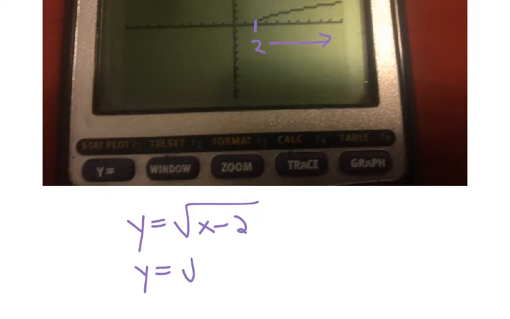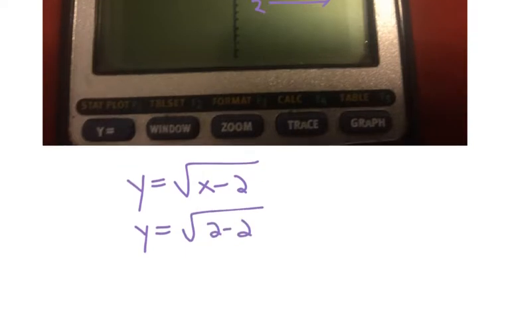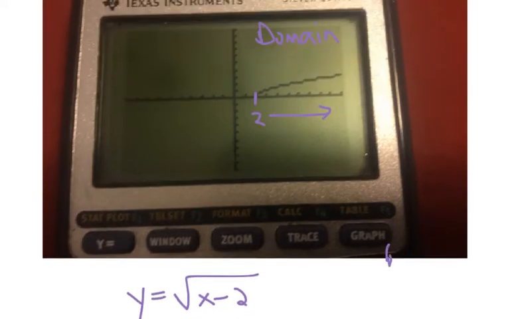If I plug in 2 for x, do I get an answer? Well, luckily the square root of 0 is 0, so it works. That means that there'd be a closed circle here as opposed to an open circle, and the graph would go to the right. So we would say x is greater than or equal to 2 because x can be any number greater than or equal to 2.